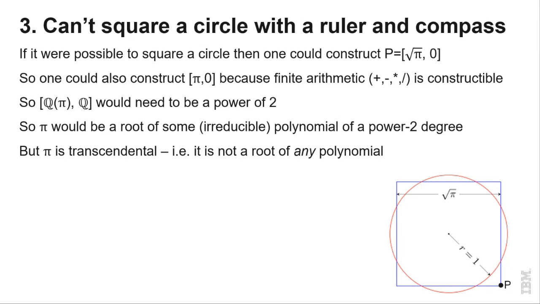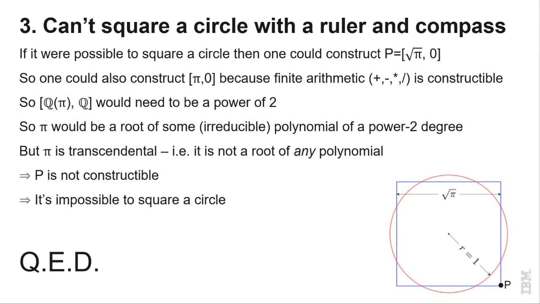It is because pi is transcendental, which is pretty hard to prove, that we know you cannot square the circle. Okay, but anyway, if we believe that pi is transcendental, then you cannot construct P, and therefore you cannot square the circle. And that's it.